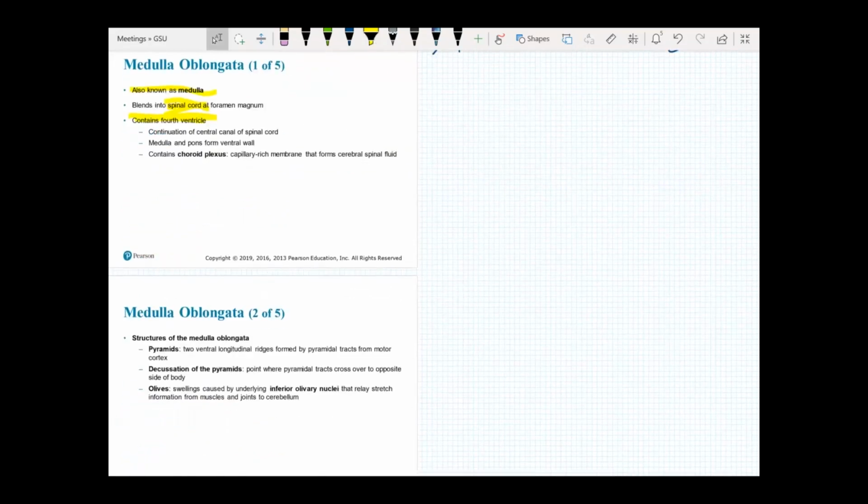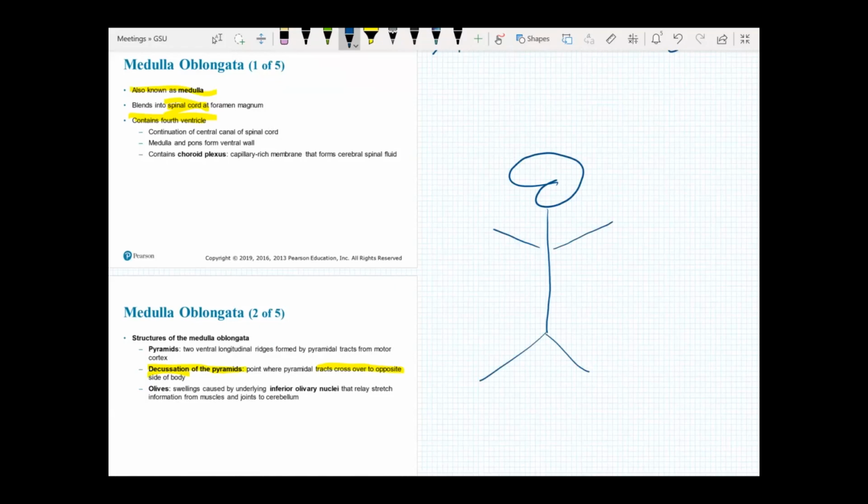And the big thing to really know about this is something called the decussation of the pyramids. And this is where you will actually have tracts cross over to the opposite side of the body. So if this is my brain, spinal cord, backbone, whatever, here's my body.